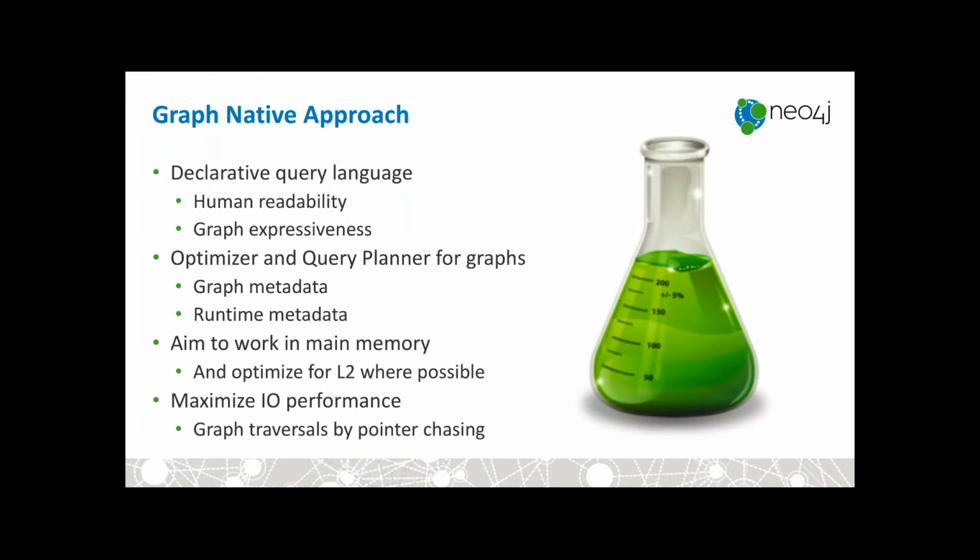In our world though, we have this lovely query language, we've got this lovely optimizer and query planner, we've got this mechanically sympathetic approach where we aim to work in main memory or better, and we've got this great IO performance where we do graph traversal by pointer chasing. But we also provide ACID semantics to keep your graph safe.